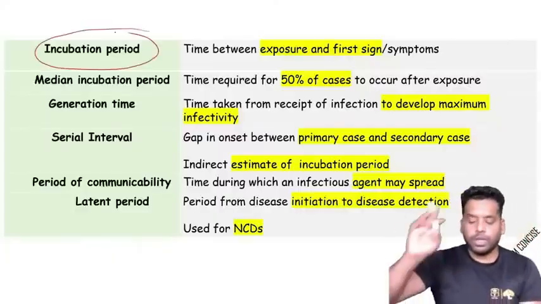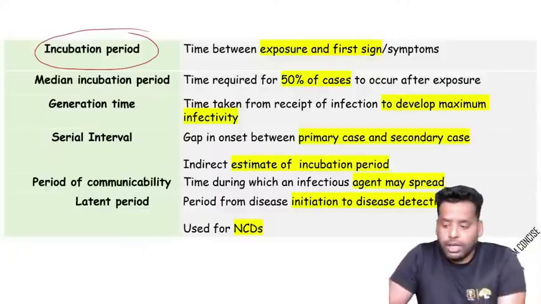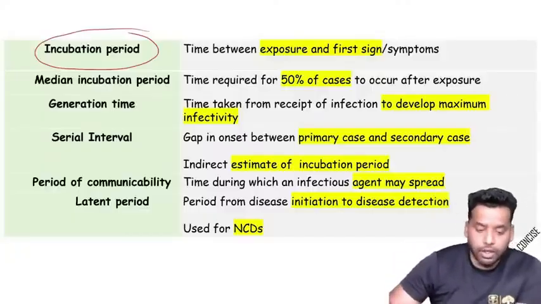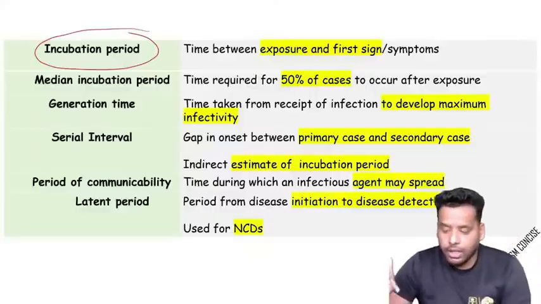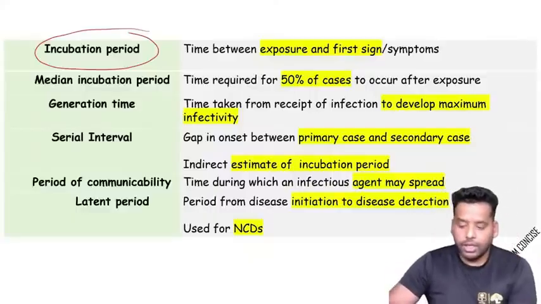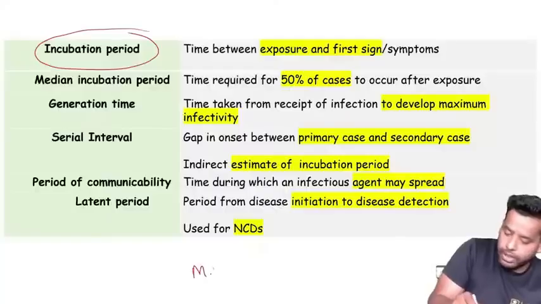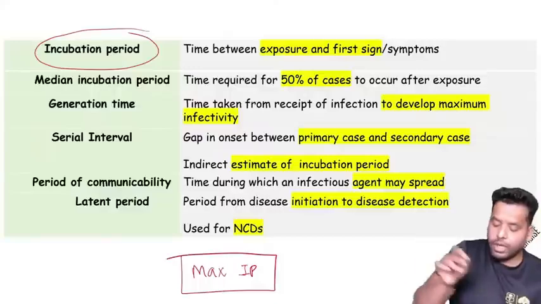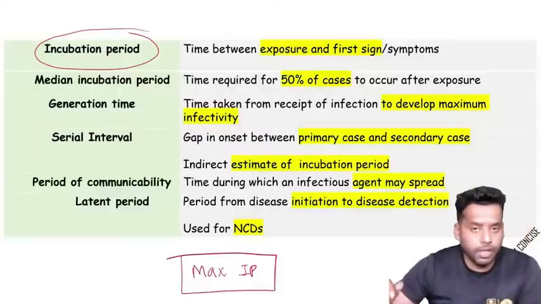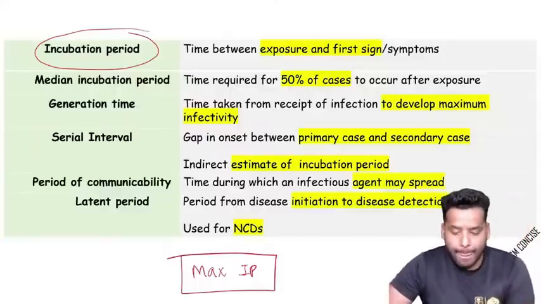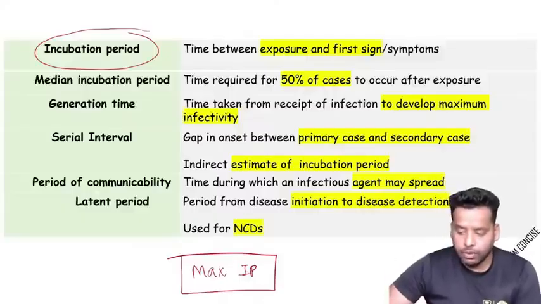For contacts, if you are observing, which will help in quarantine? Incubation period. Quarantine is for maximum incubation period. Tell me true or false. Quarantine is for maximum incubation period. True or false? True statement. Yes, quarantine is for maximum incubation period.